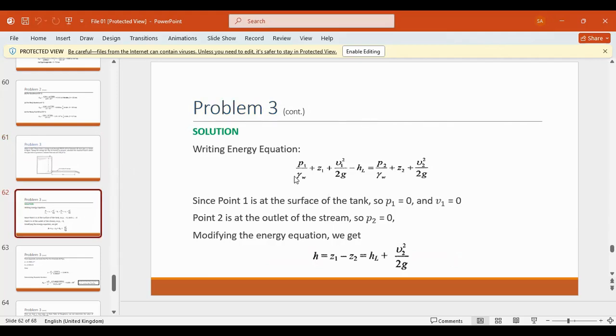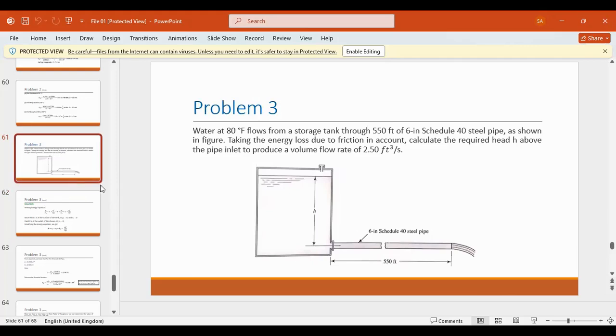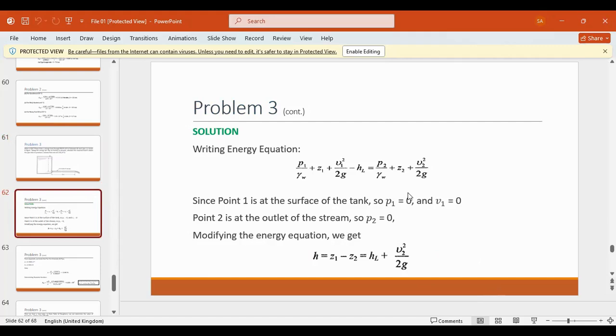So both terms cancel: P1 over gamma equals 0 and V1 squared over 2g equals 0. Point 2 lies outside the pipe, so P2 will also be equal to 0 because there is no pressure other than atmospheric pressure acting there. So the P2 term will also be 0.